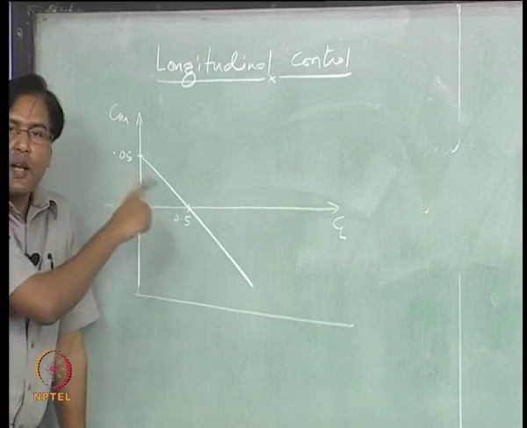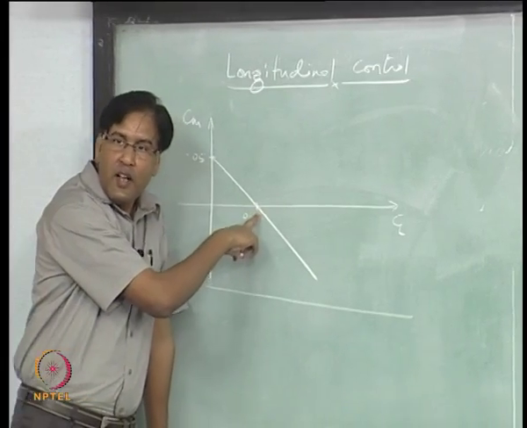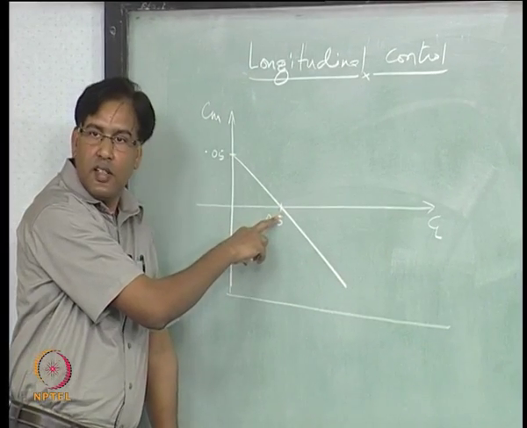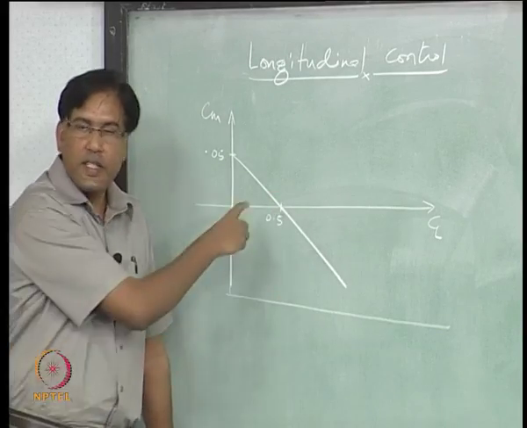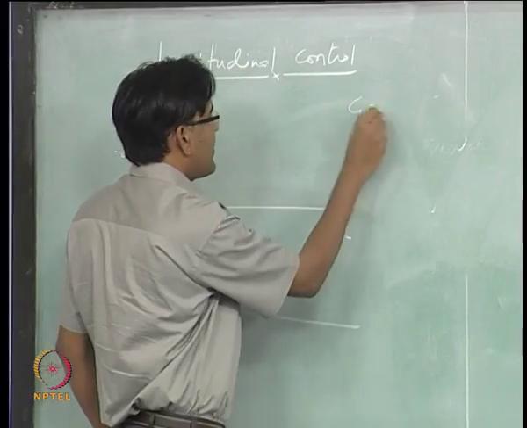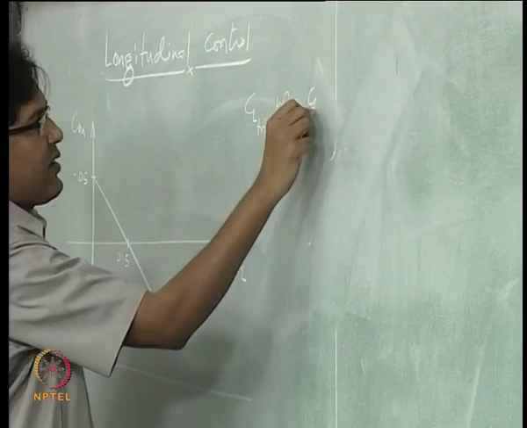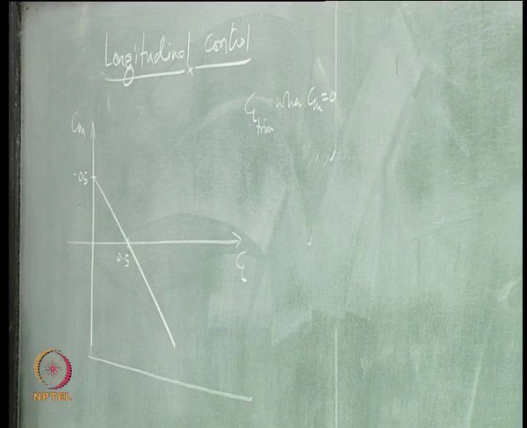So now I am able to trim at 1 CL, this CL is CL trim, right. Whenever Cm is 0, that is the trim point. So this CL is CL trim, right.